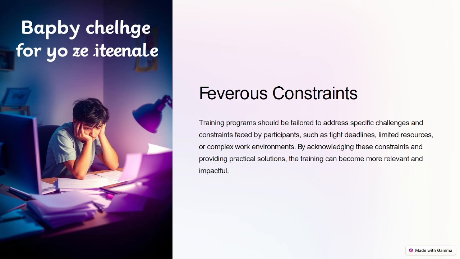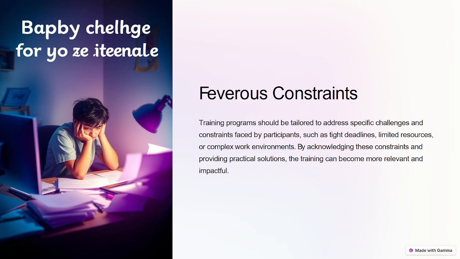So if the question comes, what are the frivolous constraints of training? Then remember, write down the answers. There are specific challenges faced by the participants, then tight deadline, limited resources, and complex work environment.